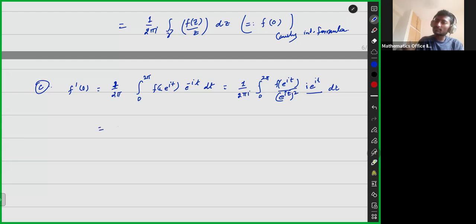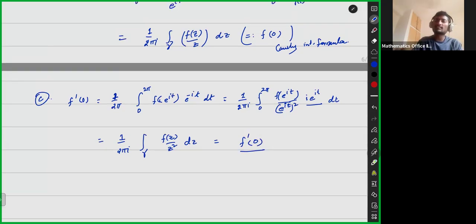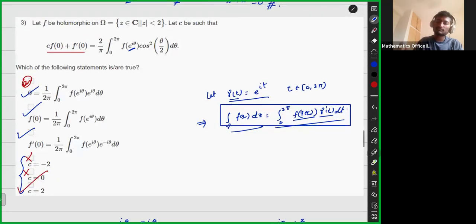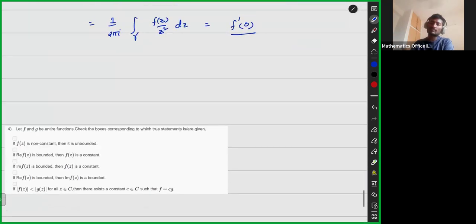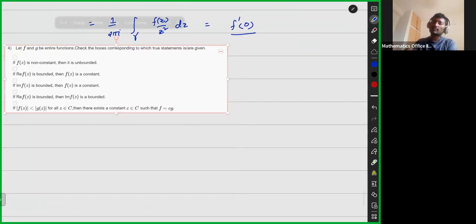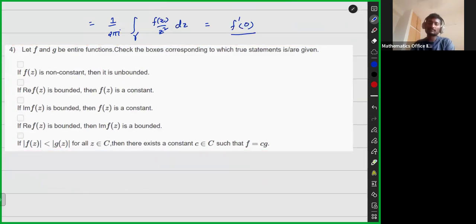Okay. But now what is it? 1 upon 2 pi i, as it is, integral over gamma, f of z divided by z squared, and this is gamma prime. So this is the replacement. Now it is the first derivative of f at 0. So this part is also correct. This way we solved the third problem, and now coming to the last question.